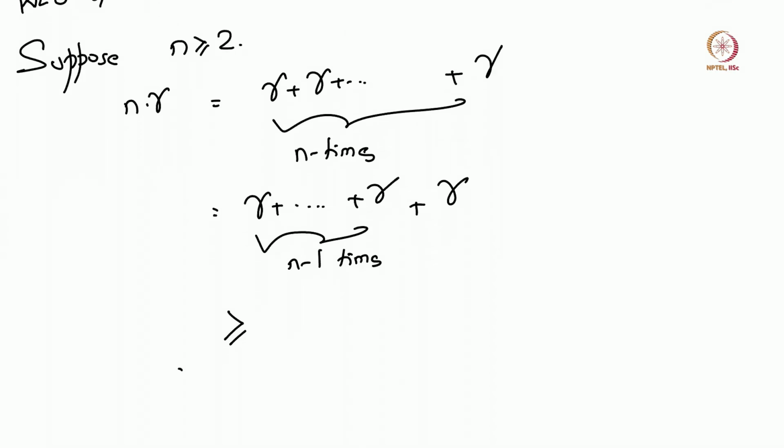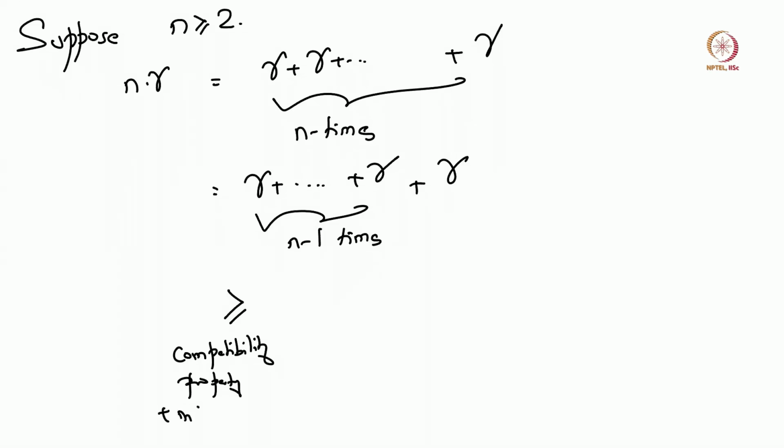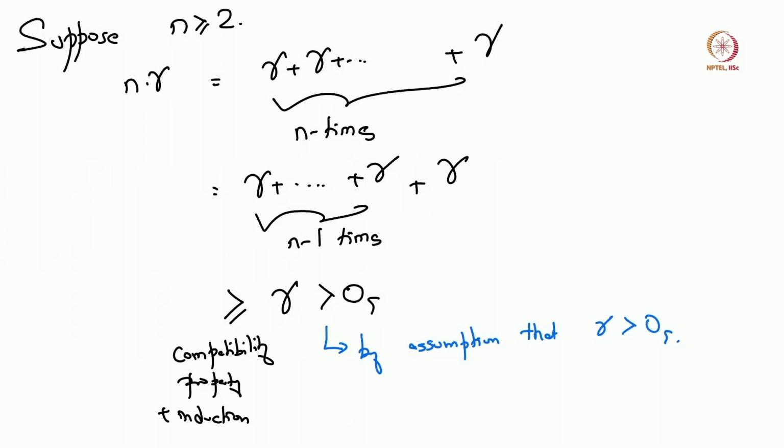So if you use the compatibility property, then you get that the sum of n minus 1 times gamma has to be larger than or equal to 0. So this is larger than or equal to gamma, so this must be larger than 0. So this is by assumption that gamma is larger than 0.